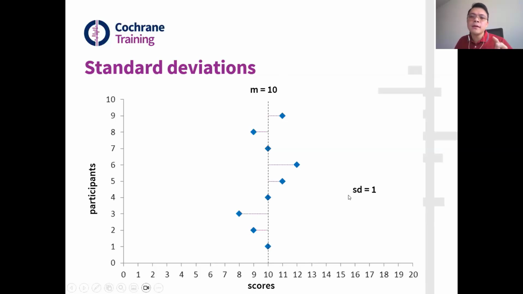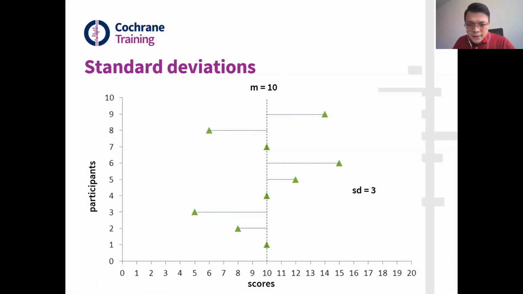And here we can see that the individual values are more or less close to the mean. Now, in this case, we have the same number of participants, the same mean of 10, but a higher standard deviation of 3. And we can see here that the individual values are scattered either side. So the data is showing higher variability.